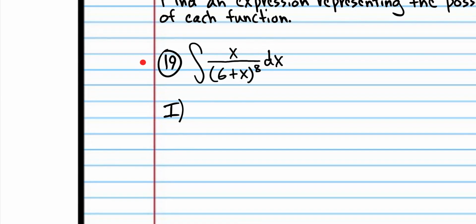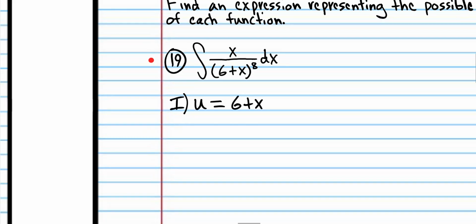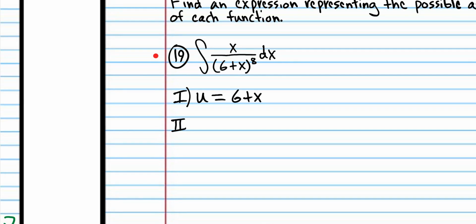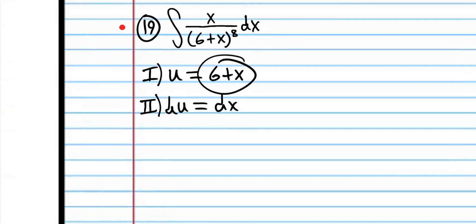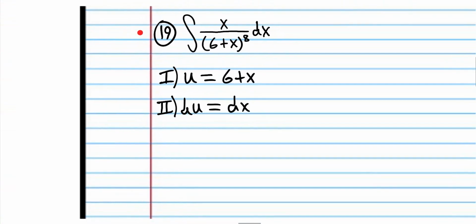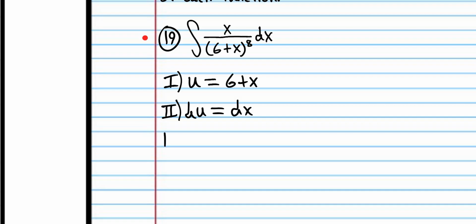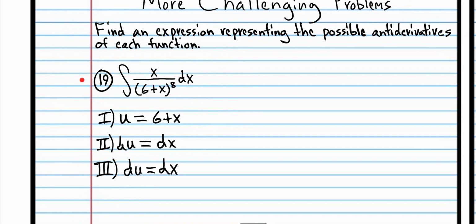We don't have a definite integral. This is indefinite because we have no limits of integration. So as usual, u is going to be the inside function. And in step 2, we find the derivative, and in this case, du is just going to be equal to dx, because the derivative of 6 plus x is just 1, right? So in step 3, we're going to solve for dx, but we already did that in step 2, so it's not really necessary.